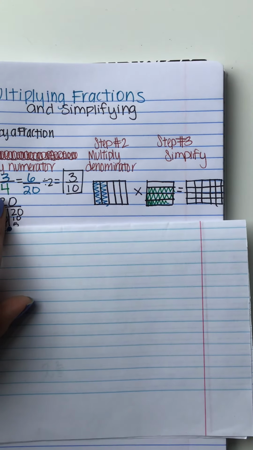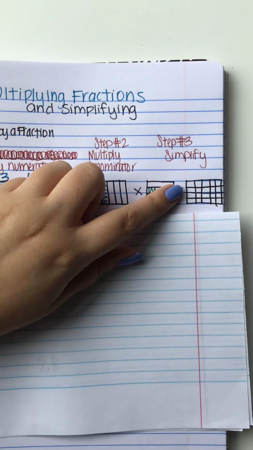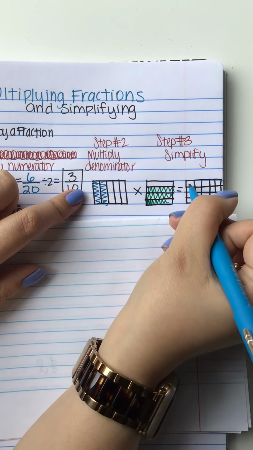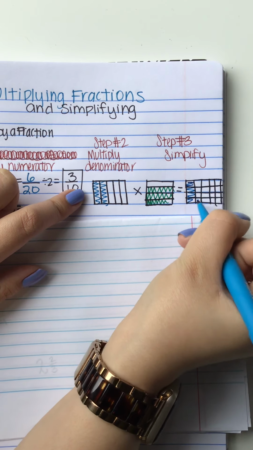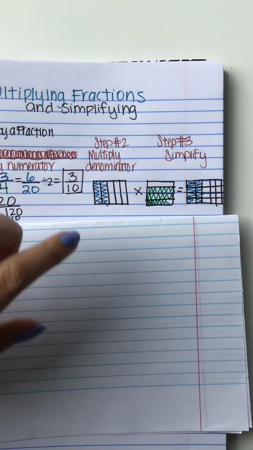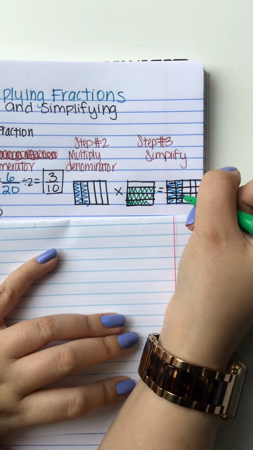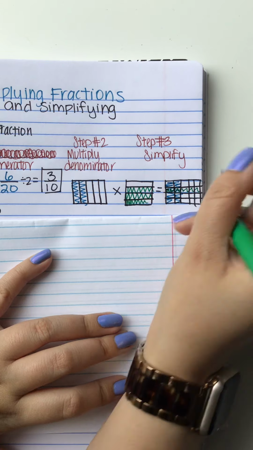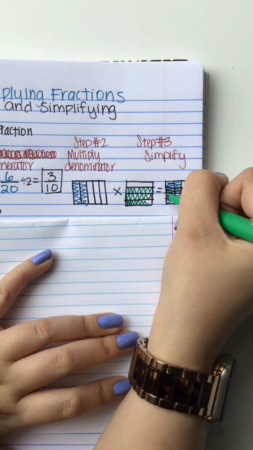Now I'm going to shade over here what I shaded there. So I'm going to shade 2 columns, and I'm going to shade 3 rows, okay?